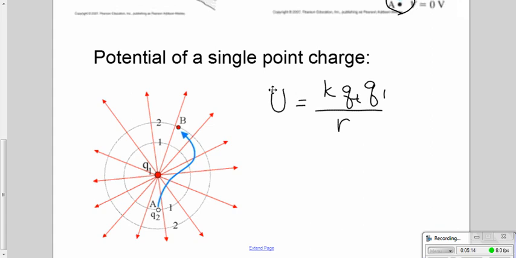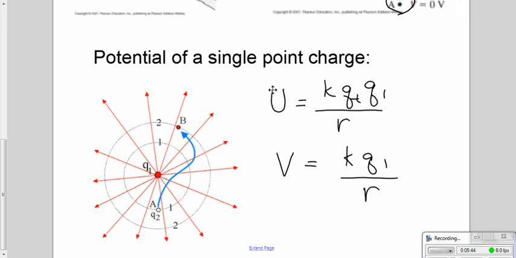So in this situation, if we divide out the test charge, then we get a measure of the potential of that point charge. So this is K, Q1 over R. And what it does is allows you to describe the potential at any location around that red positive charge. It has no connection at all with Q2, which is what we described our test charge here.